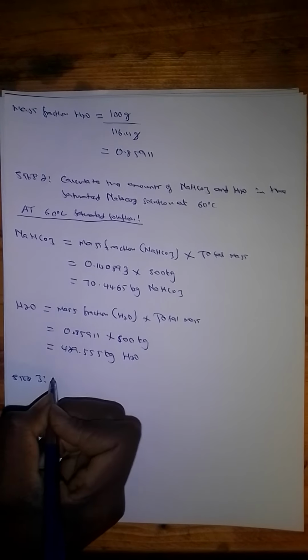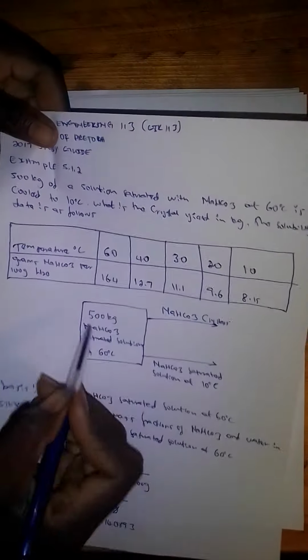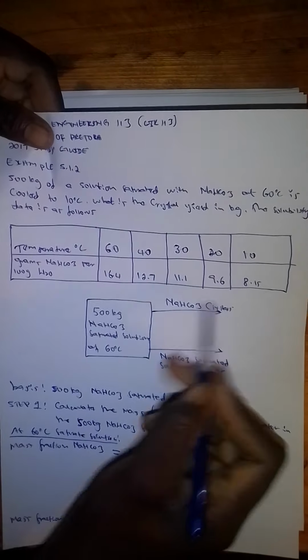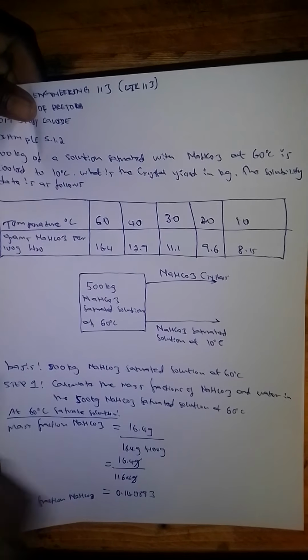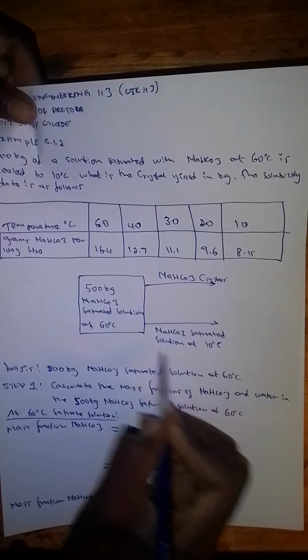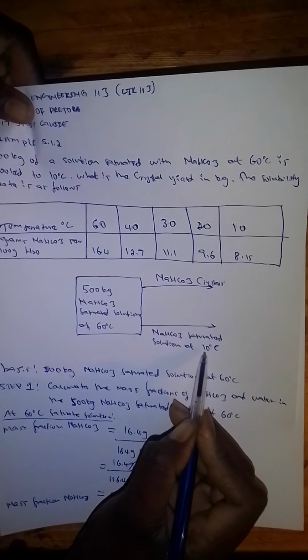Step 3. Now remember that we want to know how much crystals formed, but we don't have much information about the crystals. We do have information on the saturated solution at 10 degrees.